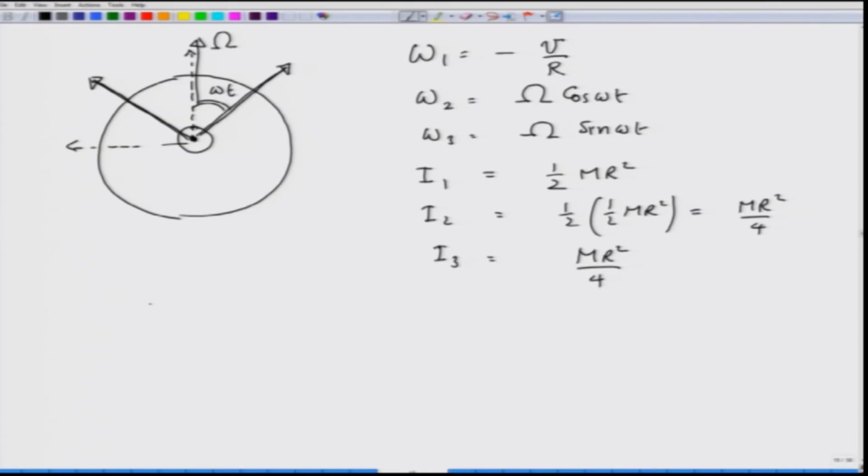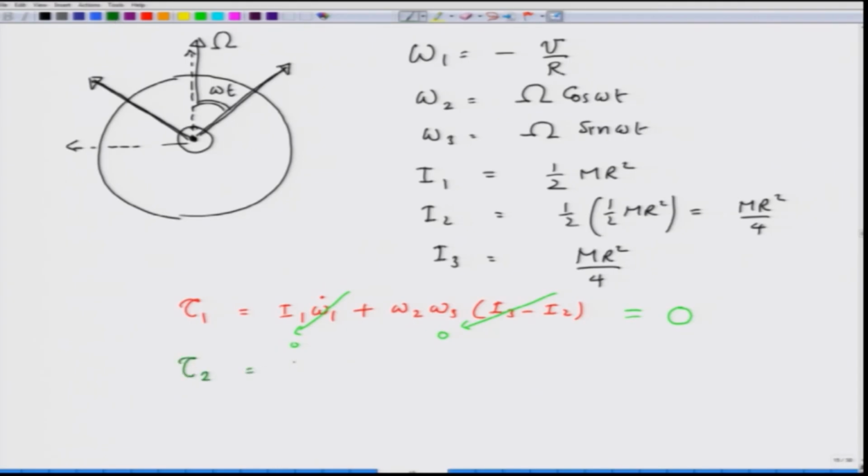Now, I know that tau 1 is going to be by Euler's equations I1 omega 1 dot plus omega 2 omega 3 times I3 minus I2. I3 and I2 are equal, and therefore, this term is 0. Omega 1 dot is 0. So, tau 1 comes out to be 0. How about tau 2?